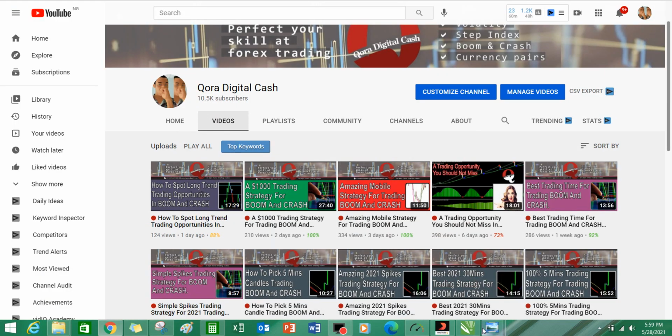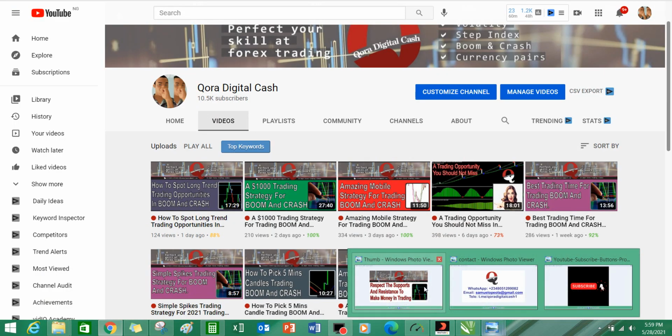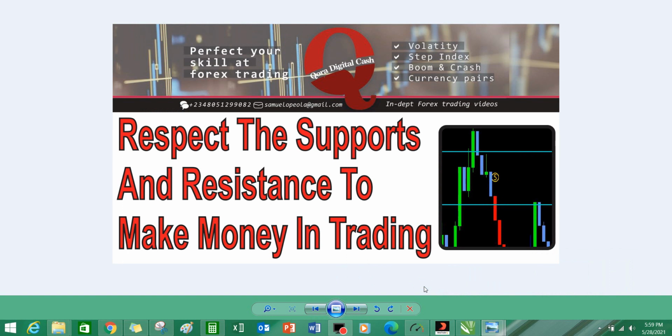So let's quickly check out what we have for today, which is respecting the support and resistance levels if you really want to make cool cash in trading. This is applicable to all assets or trading instruments that you can trade in the market. You should respect the support and resistance levels, most especially the major support and resistance levels.